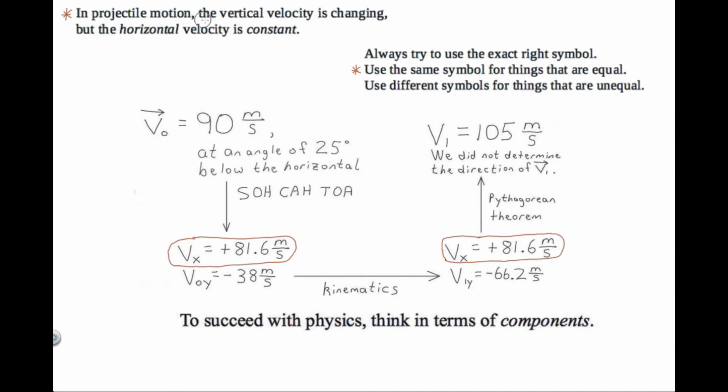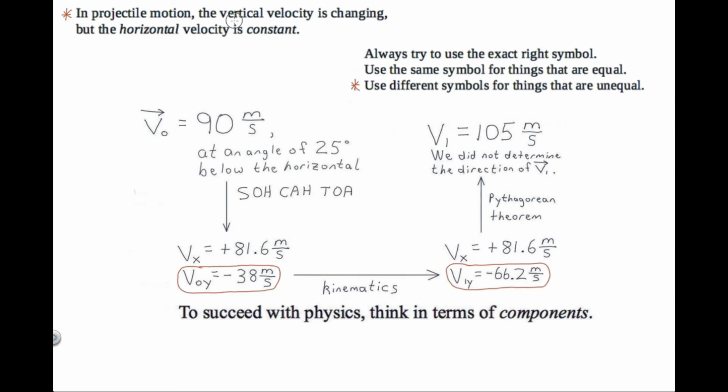In projectile motion, the vertical velocity is changing, but the horizontal velocity is constant. So we knew that the horizontal velocity at time 1 would be the same as the horizontal velocity at time 0. You should use the same symbol for things that are equal. So we used the same symbol, v sub x, for the horizontal velocity at time 0 and for the horizontal velocity at time 1.